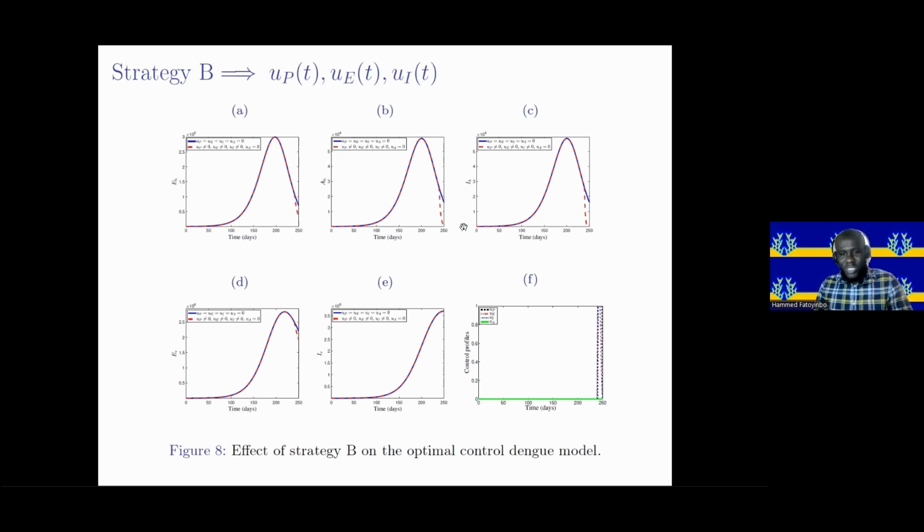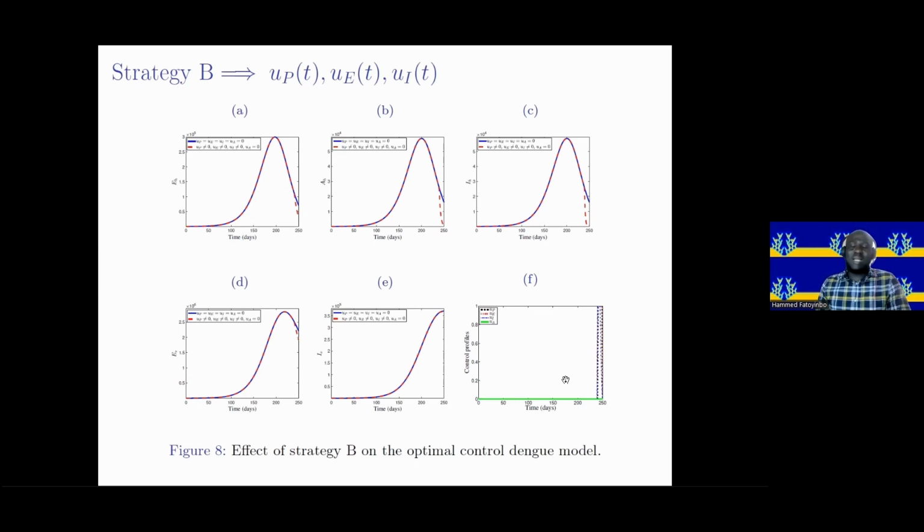Same thing for the asymptomatic human and the infected human, and also for the exposed vector, which is the exposed mosquito. For the infected mosquito, there is no significant effect of this strategy, and that is also observed in the control profile here in figure F.